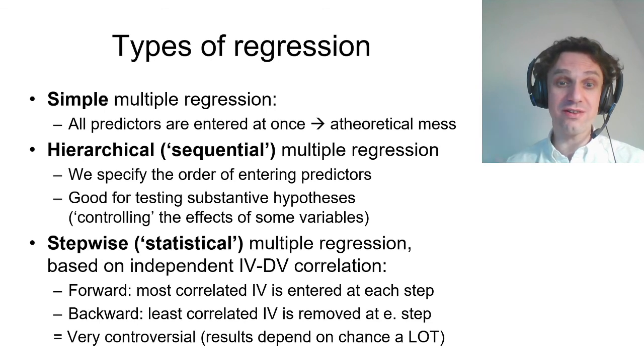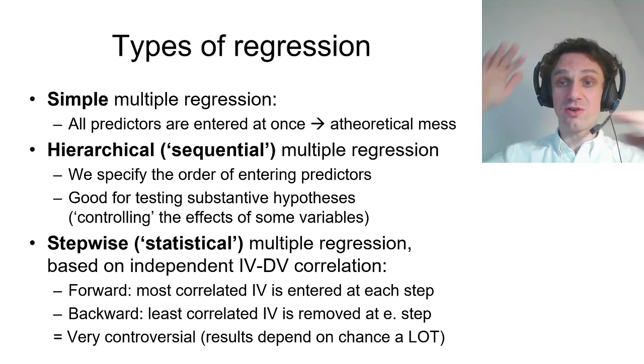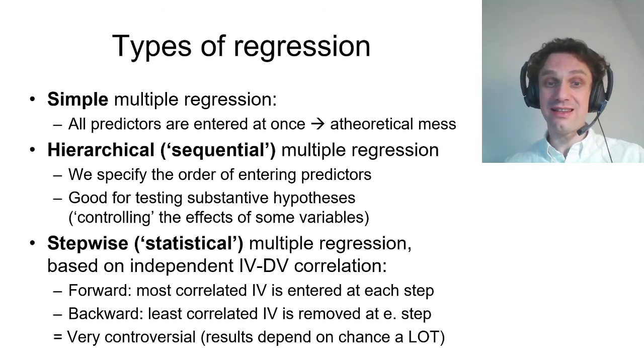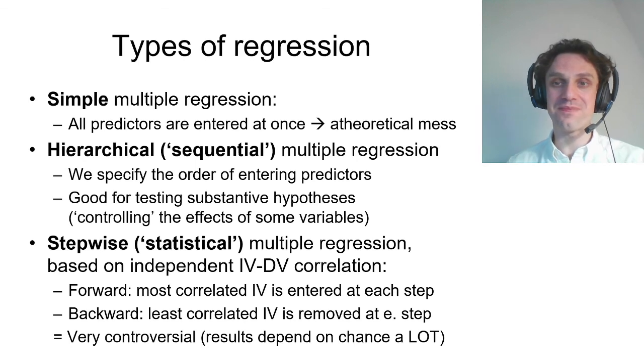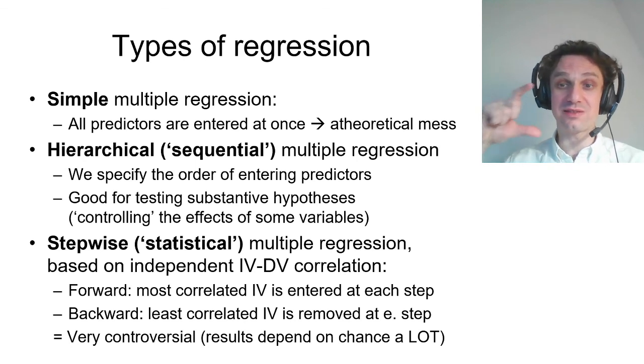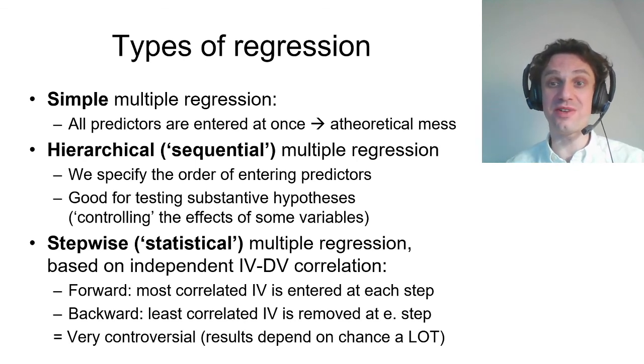Or backward regression, it starts with all predictors included, and then it throws them out one by one until R-square starts falling substantially. So the goal is to arrive at the smallest possible number of predictors that capture the largest possible proportion of dependent variable variance.